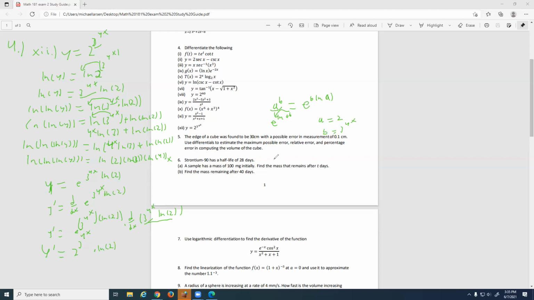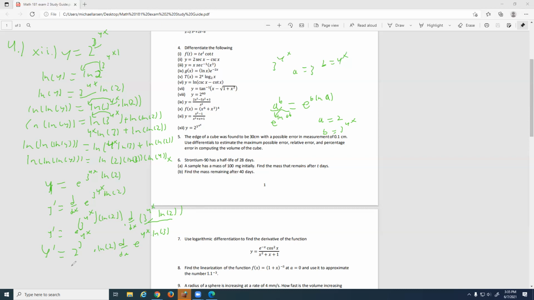So in this case, we have 3 to the 4 to the x. Our a is equal to 3, and our b is equal to 4 to the x now. So we'll have d by dx e to the, b is 4 to the x, times the natural log of a, which is 3.